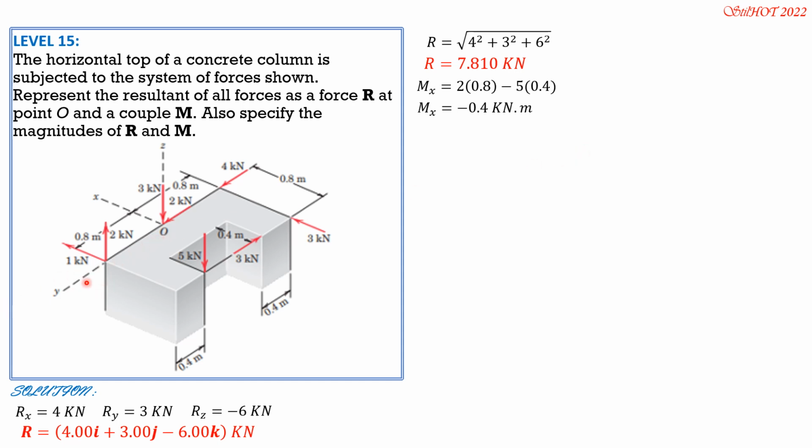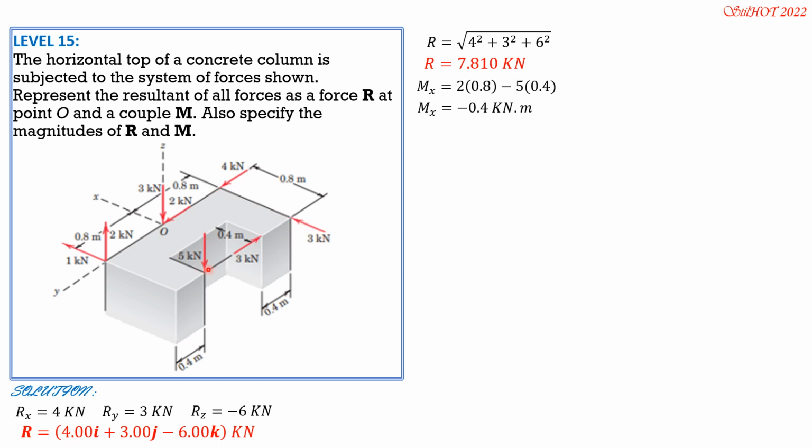MOY, this is your right thumb, so the positive sense of moment about OY is the curling of your forefingers. So it should be that way. So all forces here are not involved because they are either parallel to the OY axis or they act on the Y axis. This one also is parallel. This one passes through OY, same plane.